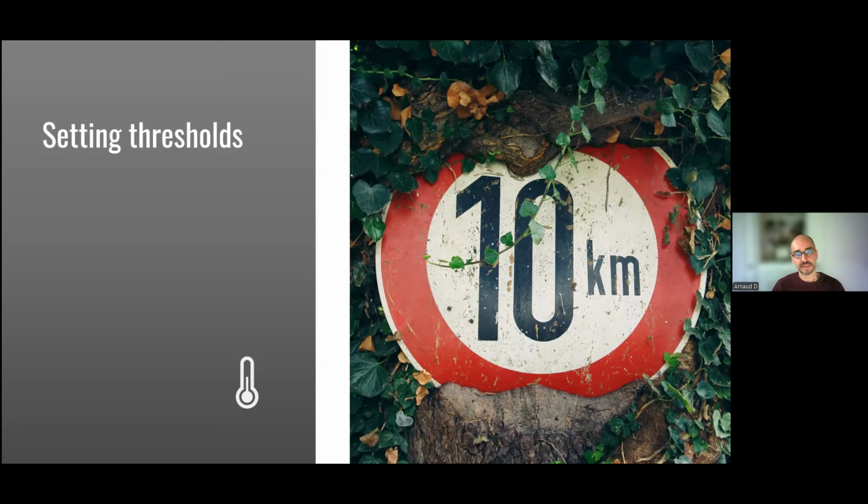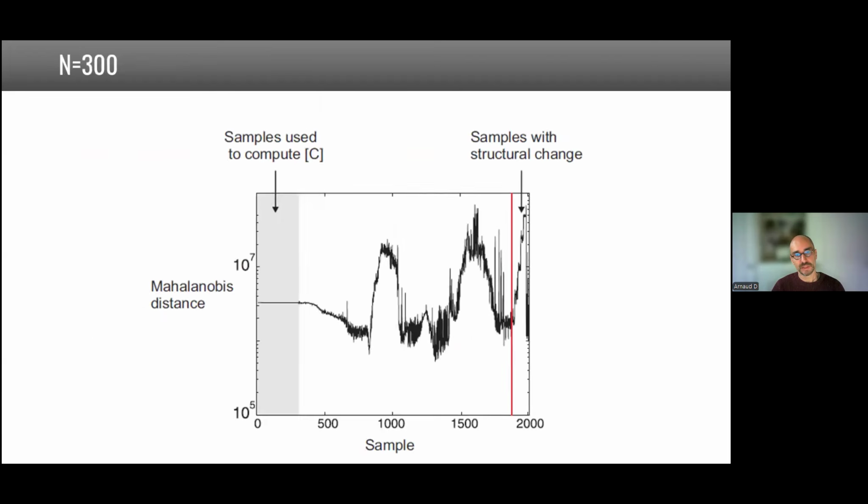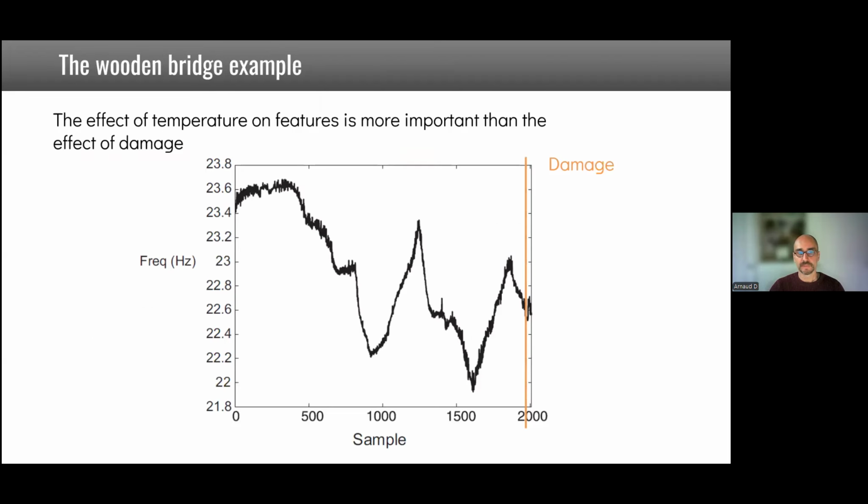For example, if you look at the wooden bridge example here, if you have environmental variability and you want to set thresholds, how are you going to do it? The only way is by saying, oh, if it goes above this line or below this line, I assume this is damage, okay? And this is not working very well.